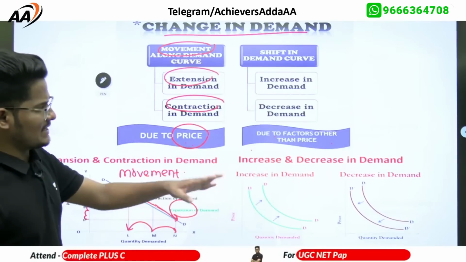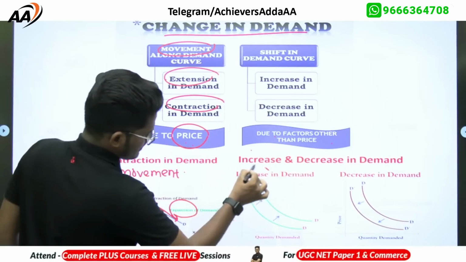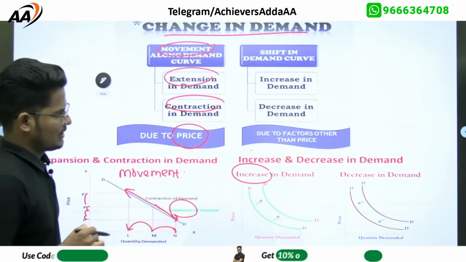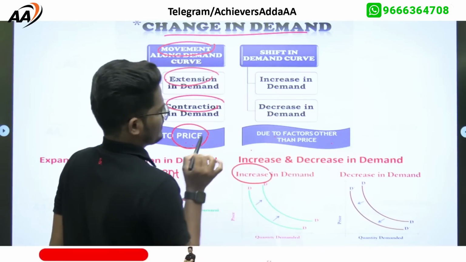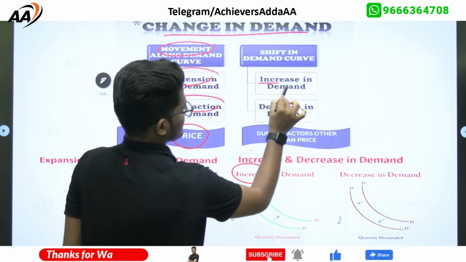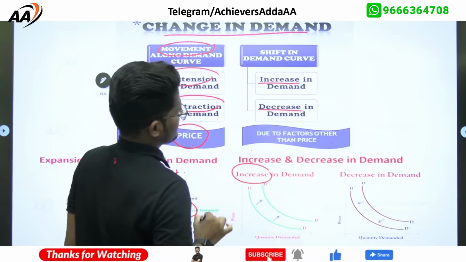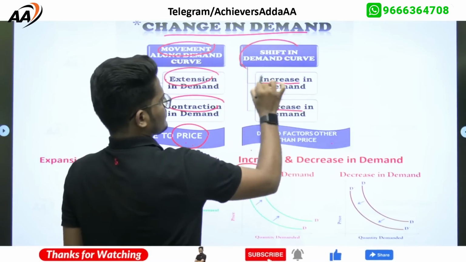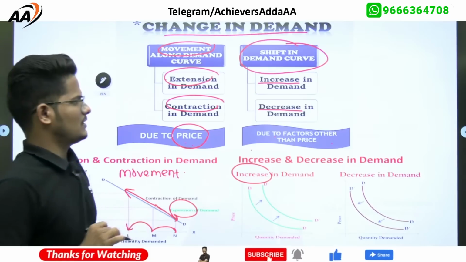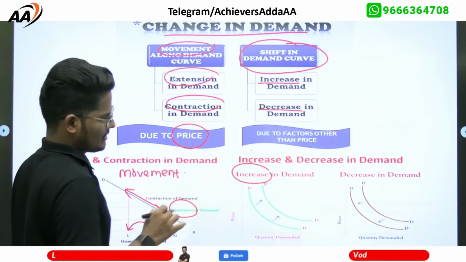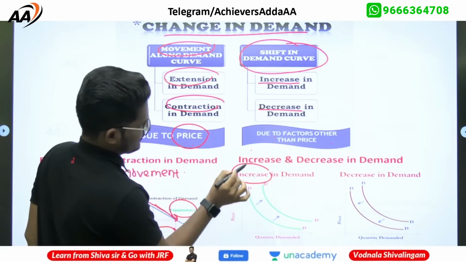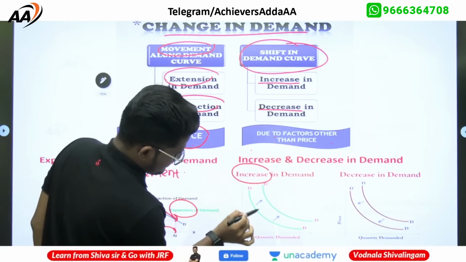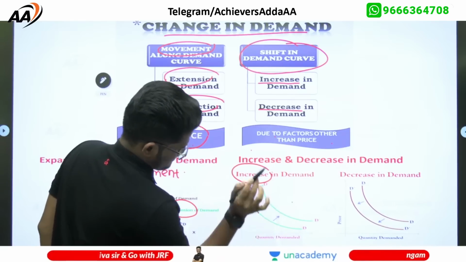And here, increase and decrease in demand. If any factor other than the price is impacted, there is an increase or decrease in demand, which is a shift in the demand curve. Whenever a factor other than the price changes, demand comes from D to D1.